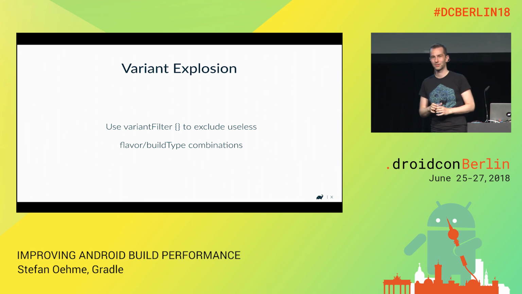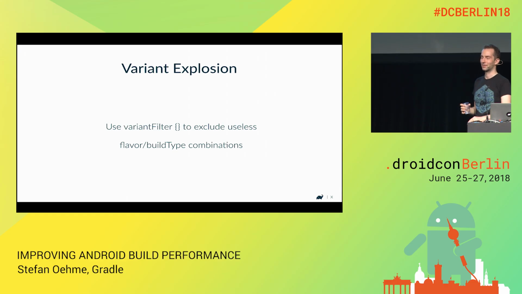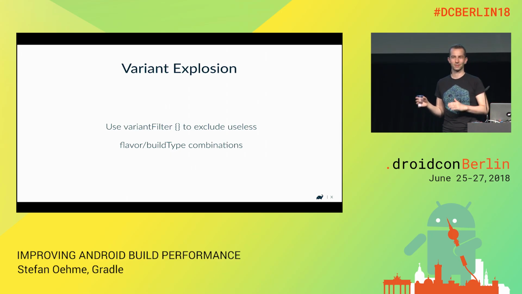In one extreme example, I saw 400 variants per subproject. So you really want to reduce that by using the variant filter API to remove the variants that don't make sense. For instance, debug prod. You probably don't want to send a debug build to production, so just remove that variant.